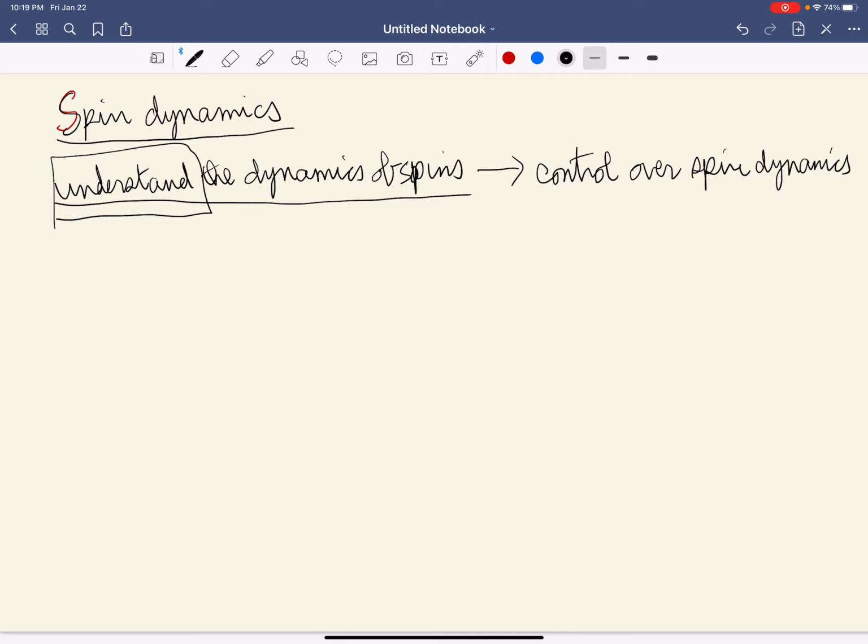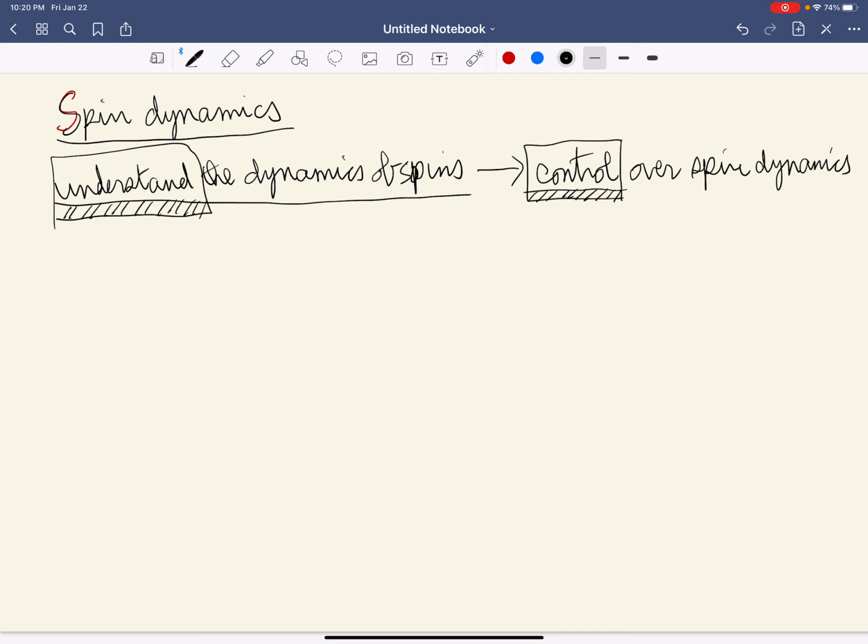In other words, we don't just sit idly by and watch as the spins evolve in time, but we want to force the spins to evolve in a certain way that's consistent with our idea of quantum computation. But like everything else in science and engineering, one first has to master the understanding of the problem before one can start to exercise any amount of control over that.